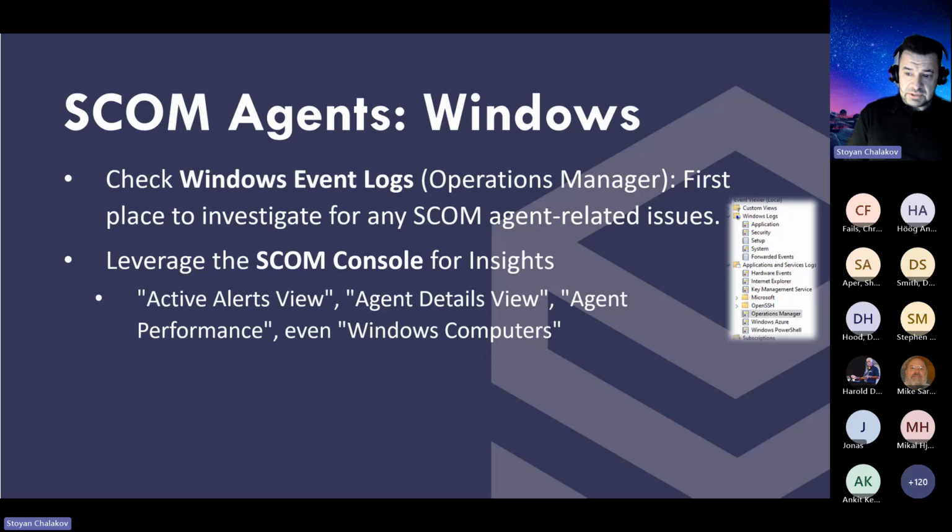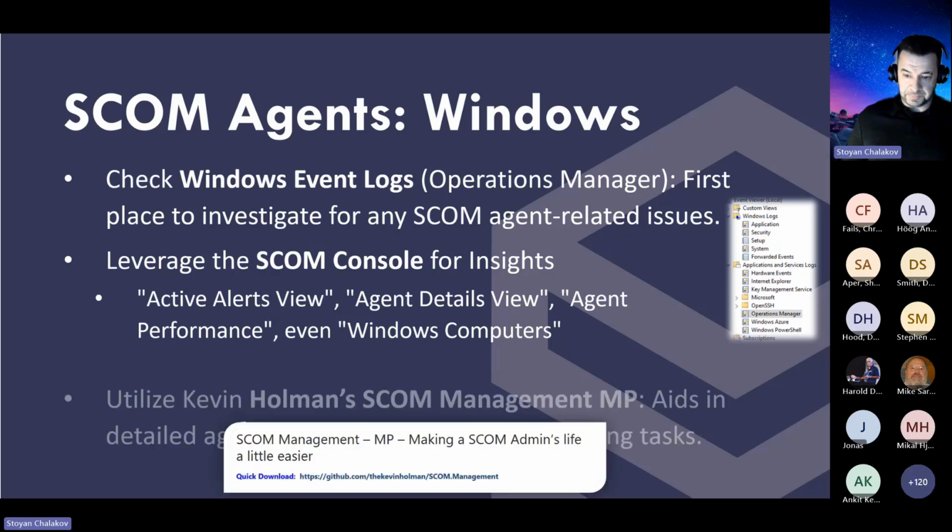Of course, the SCOM console can be leveraged if you want to get additional information on possible problems. You have the active alerts view, which might contain alerts for your agent, also the agent detail view, agent performance, even the Windows computer view will give you more details on what is happening or what could possibly be wrong with a certain agent in SCOM.